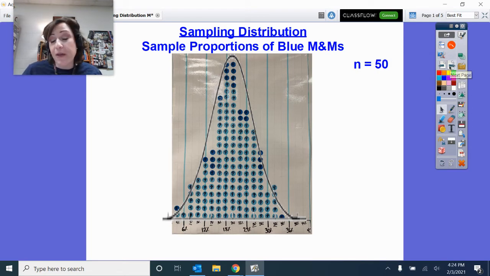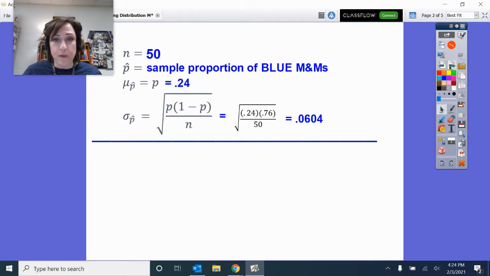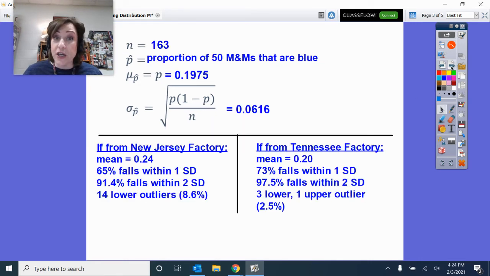Now, here's just some other interesting tidbits of information. This is theoretically what should happen if they came from Tennessee. Then they would have been centered at 0.24 with a standard deviation of 0.06. Now, here's what we actually had for our 163 samples.